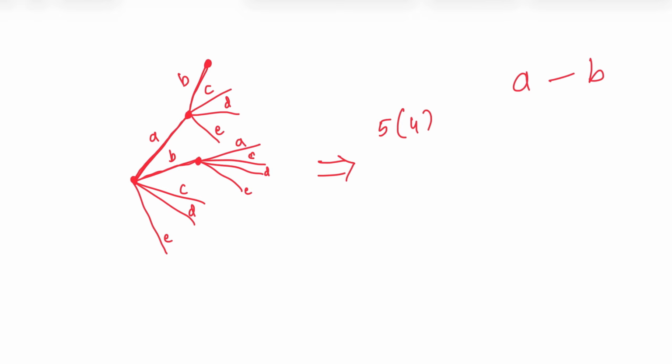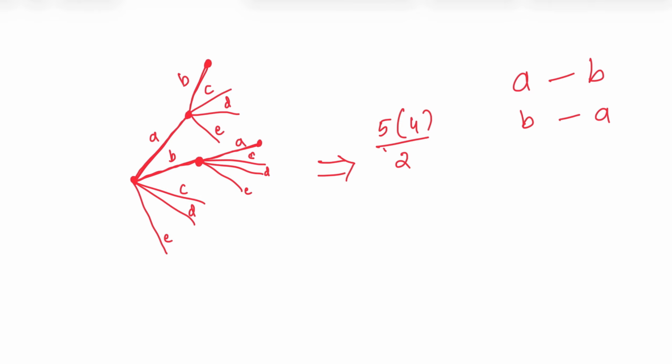But I'll select the same edge if I select the vertex B first, and then select the vertex A. So the edge that I get here is BA, and because the edge A to B and B to A are the same in an undirected graph, we are counting each edge two times. So you need to accommodate that, and then that will be 5 times 4 divided by 2.